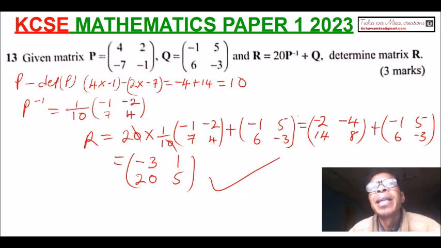Then the inverse of that matrix is 1 over the determinant. Interchange the elements of the main diagonal and introduce a minus sign to the other diagonal. Then you should be able to complete that question. This is what you learned in Form 3 when you were doing matrices.